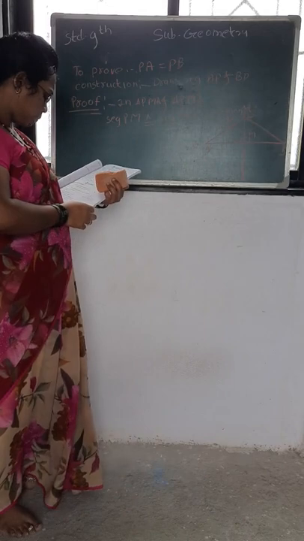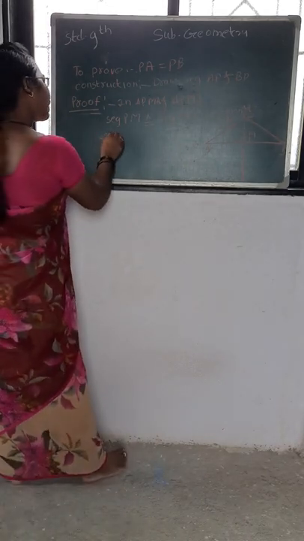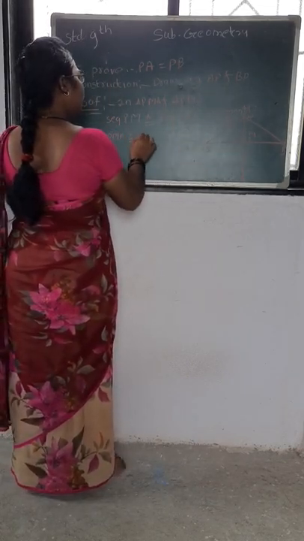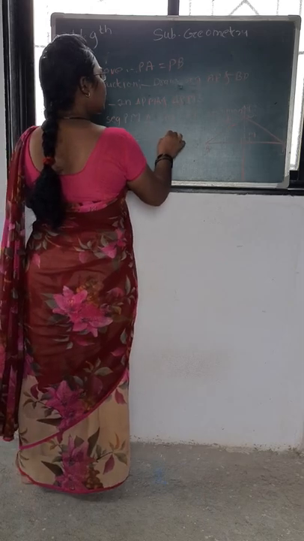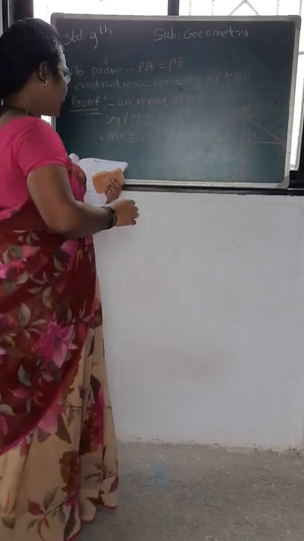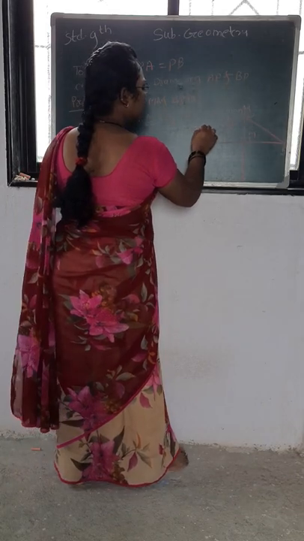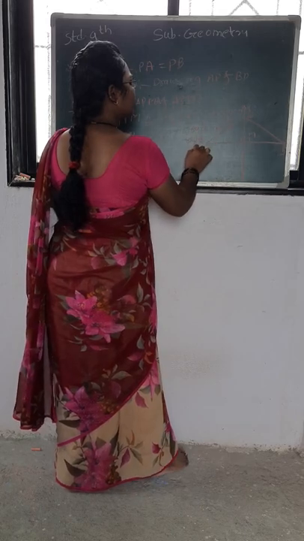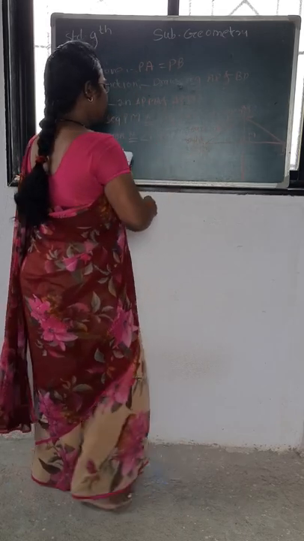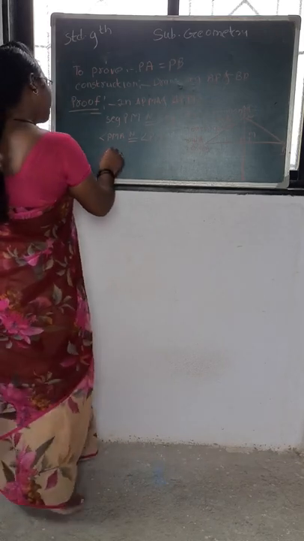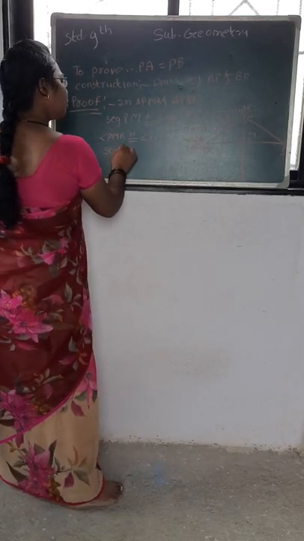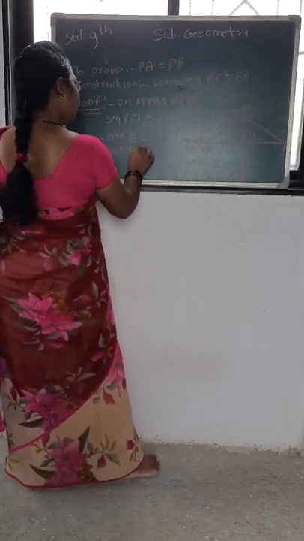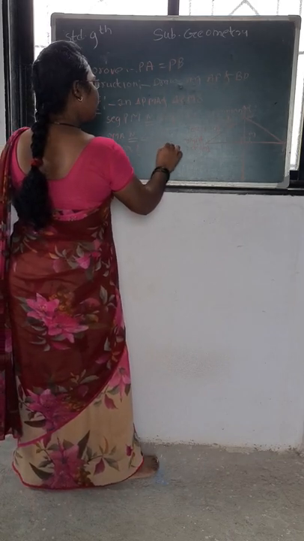Next, angle PMA is congruent to angle PMB. The reason is each is 90 degrees, each a right angle. Then segment AM is congruent to segment BM.